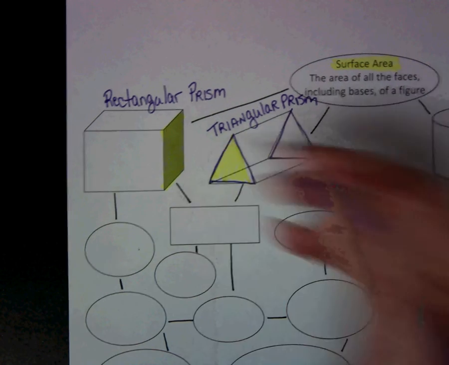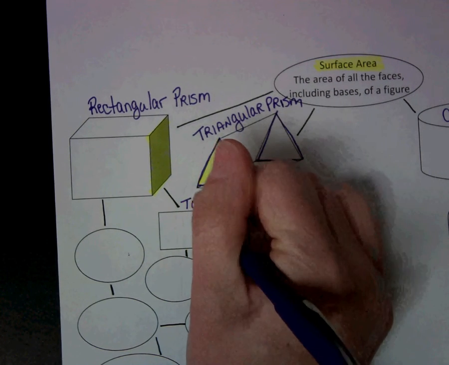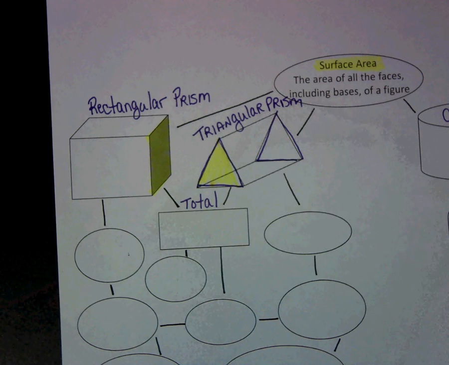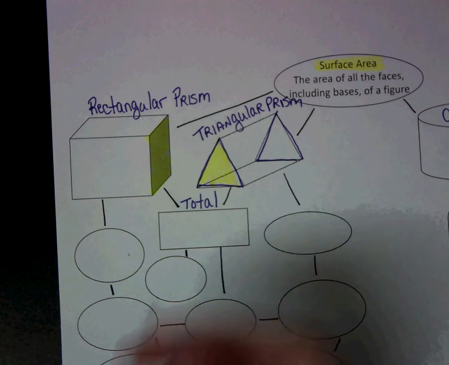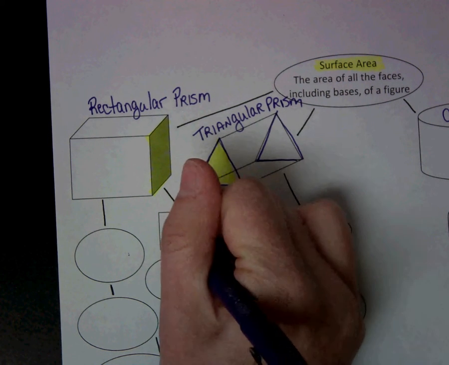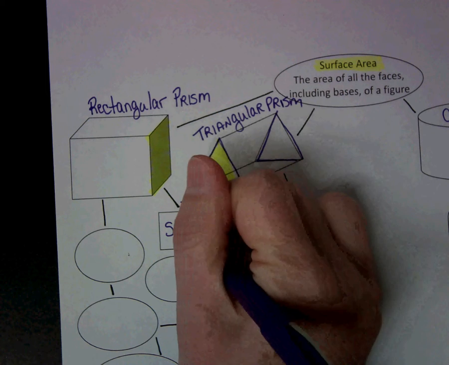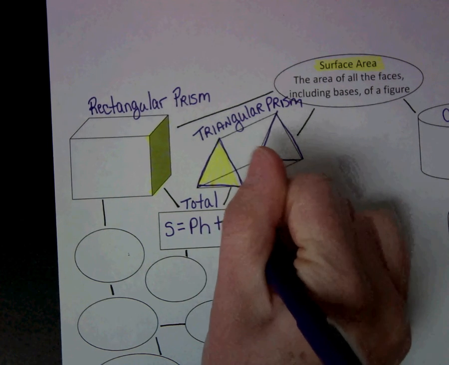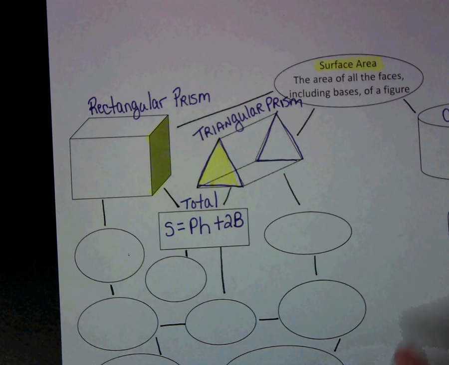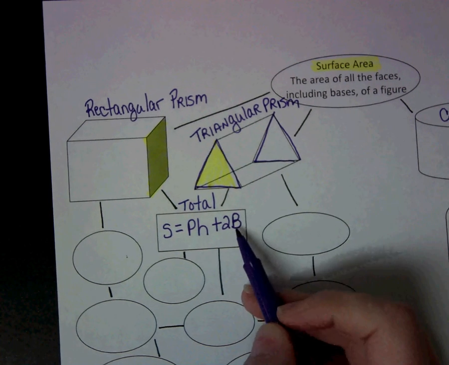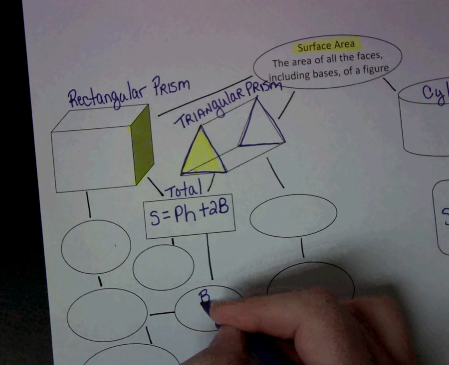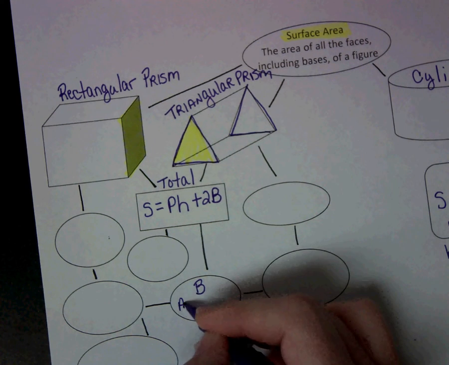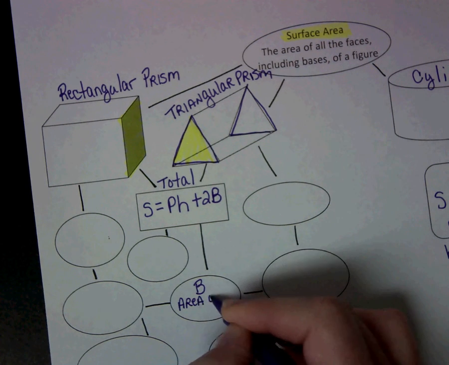I want you to look at your formula chart, and I want you to notice that there's not a different formula for a triangular prism and a rectangular prism. It just says prisms. It says the formula is S equals P H plus 2B. Now we already know that a capital B stands for area of the base.